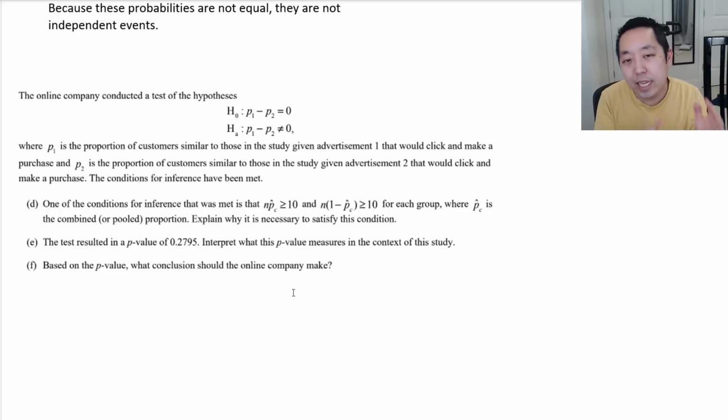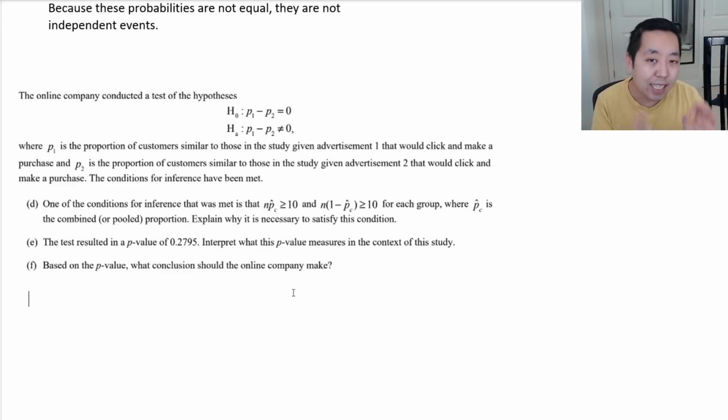The exact distribution of that, when you do n trials, like I sample n people and each person has a binary choice, is called a binomial distribution. You have a fixed number of trials, and each sample has a proportion or probability that they're going to select one of the two events. In this case, make a purchase or not make a purchase, or click and make a purchase and click and not.